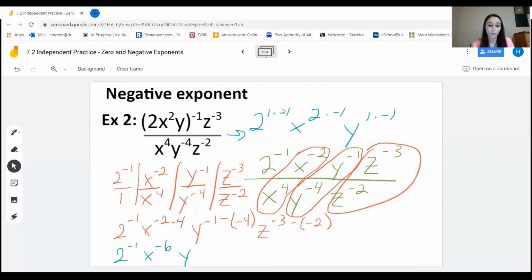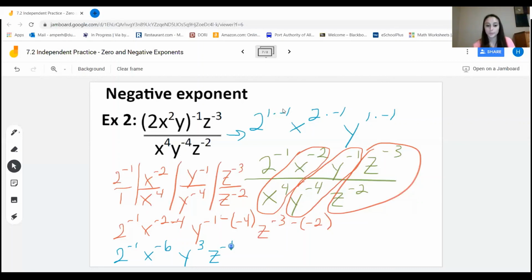So a negative 1 being increased by 4 would be positive 3. And for z, we have a negative 3 minus a negative 2, which means we're actually adding 2. So we are increasing a negative 3 by 2, which means we end up with z to the negative 1.